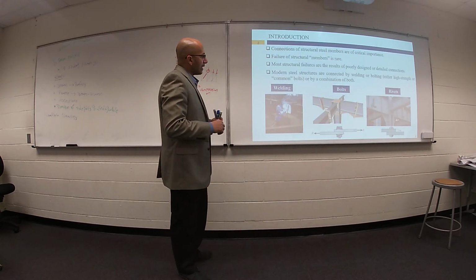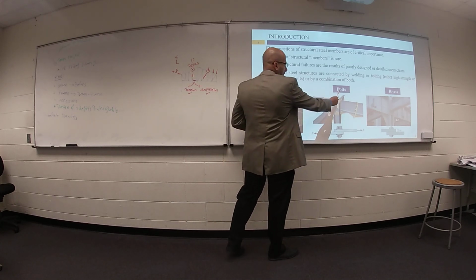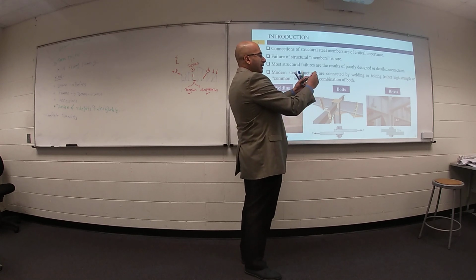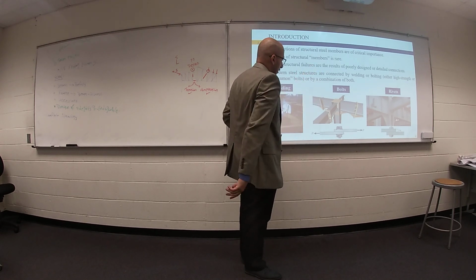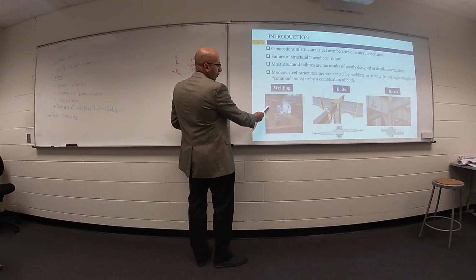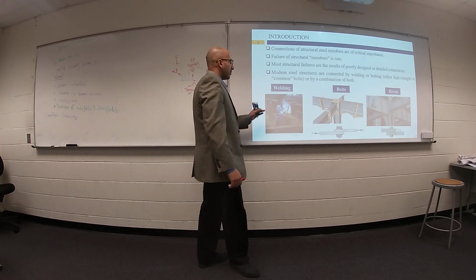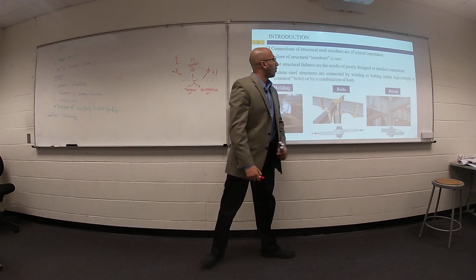But nowadays we are using bolts. You have a hole, and through this hole we have bolt and nuts. Welding of your member, or maybe a combination of welding and bolts.